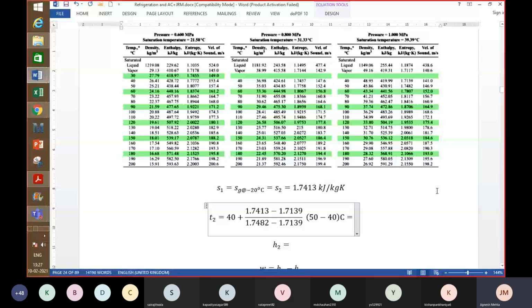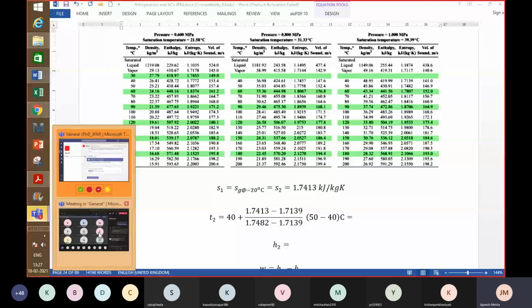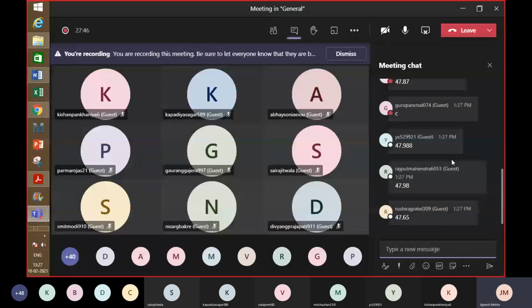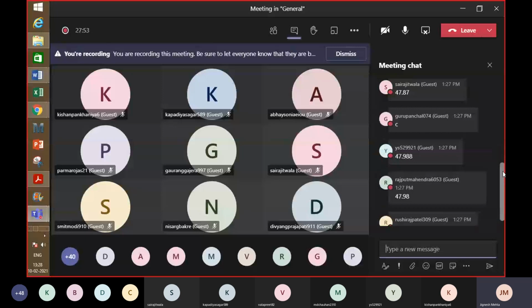So it's 47 point... Why is there some difference between various numbers? 47.38, 47.87, 47.98, 47.65.